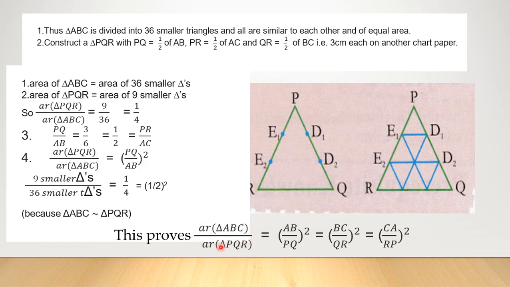This relation is the ratio of the square of the corresponding sides, that is AB upon PQ whole square, or equal to BC upon QR whole square, or CA upon RP whole square.